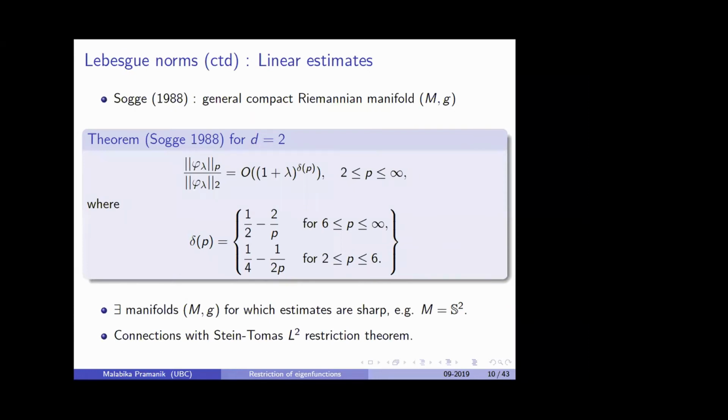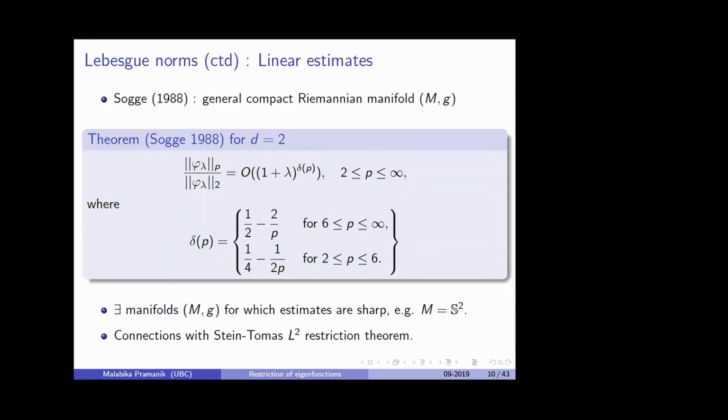Here is a fundamental result due to Chris Sogge on the growth of Lebesgue norms in the linear estimate paradigm. Sogge's result was for a general Riemannian manifold of arbitrary dimension d. I have quoted it here in dimension 2 so that we have some concrete numbers to refer back to later on.